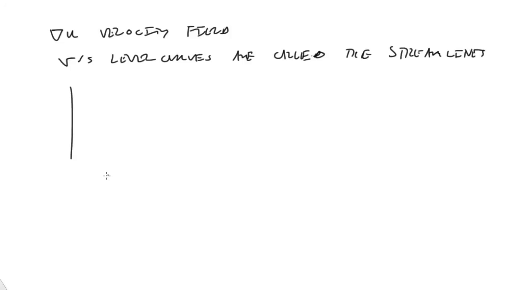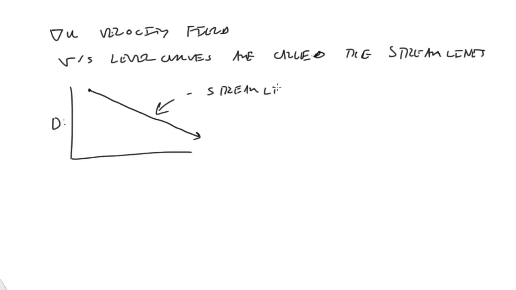So if I'm looking at my domain again here, and if I were to drop a little particle in this steady state fluid flow, and watch it travel over time, that would be a streamline. If I were to drop a particle in a different point, of course the streamline will be different. And those represent all the streamlines of our function.